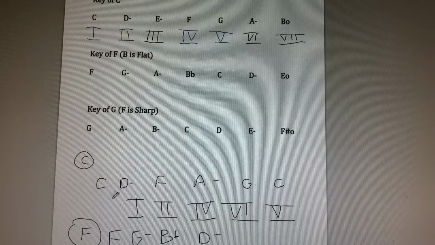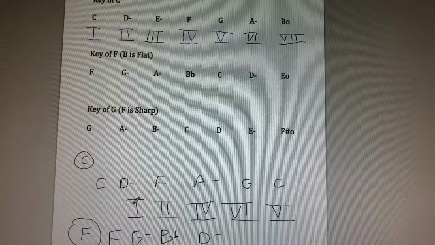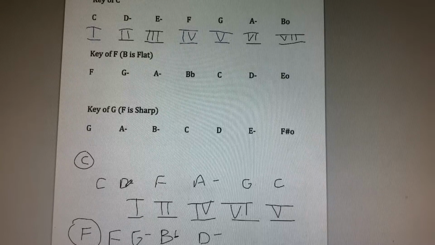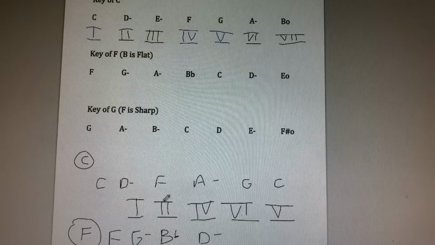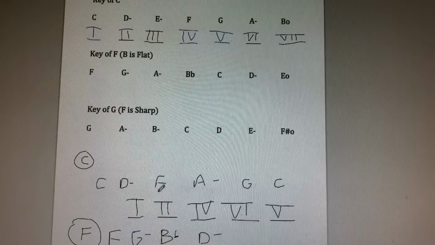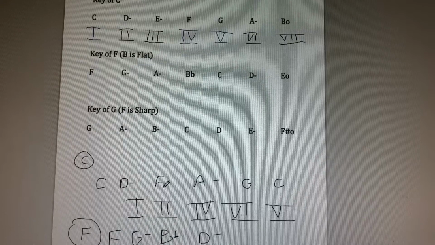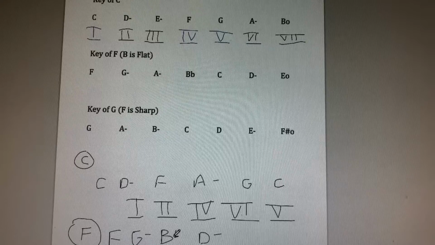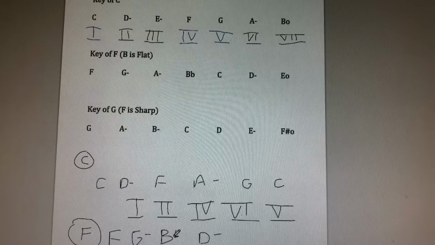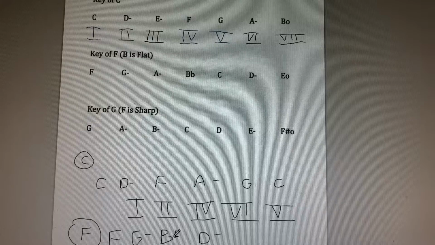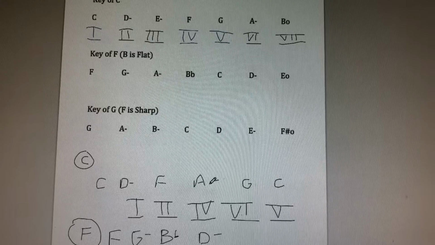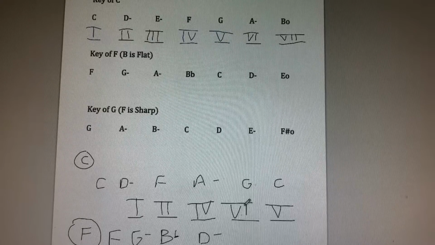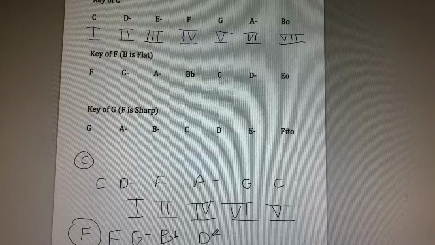So we have 1, C is no longer C, it's F. 2 is no longer D minor, it is G minor. F is the 4 chord, but we're no longer using F, we're using B flat because we've transposed into the key of F. And A minor, we're no longer using. We're using the 6 chord in the key of F now, D minor.